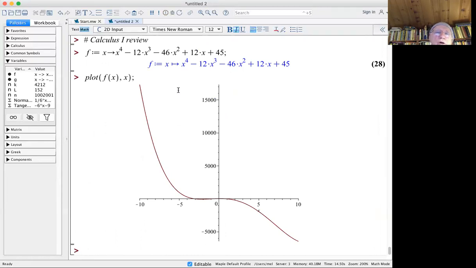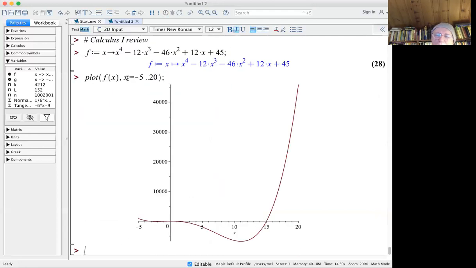Now it's x to the fourth. That means it has to come around and start to go up. So maybe I'll plot this from x equal minus 5 to 20. Let's just see what happens out there. Then it goes up. So maybe not so far, I'll just do it to 16.